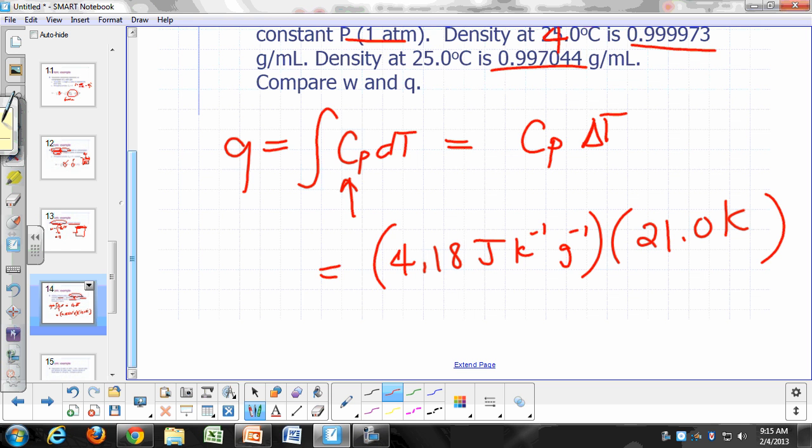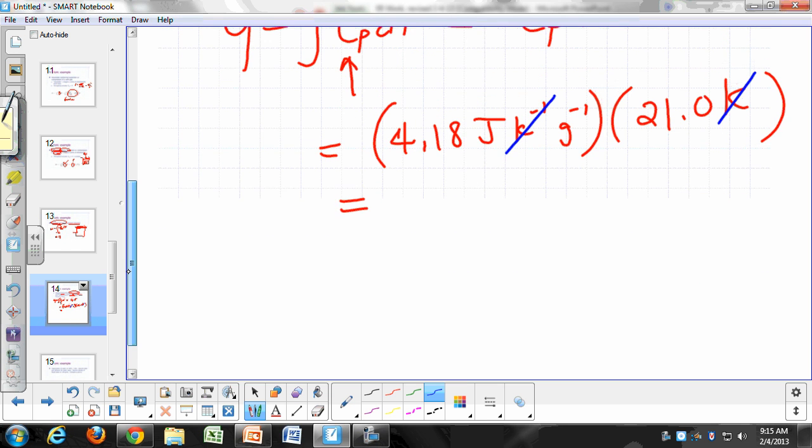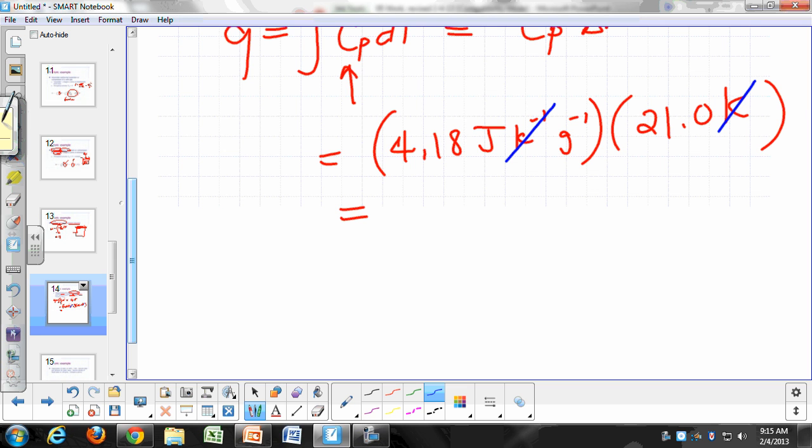Delta T in Celsius is the same as delta T in Kelvin. So what's 4.18 times 21? 87.8 joules. What's the work in this case?